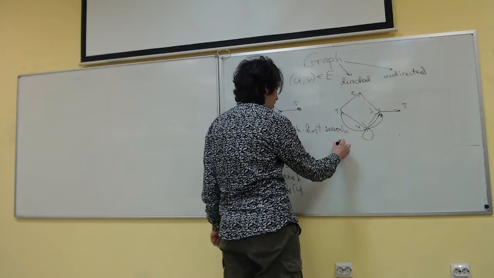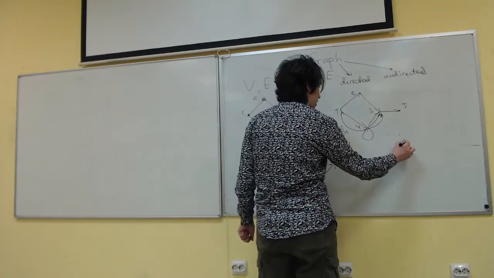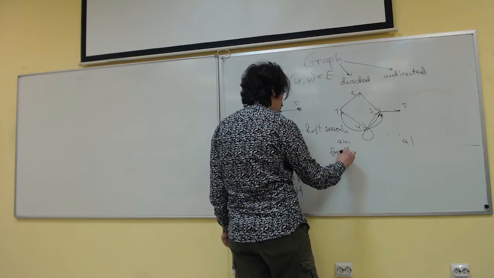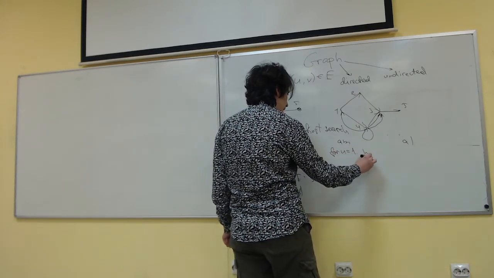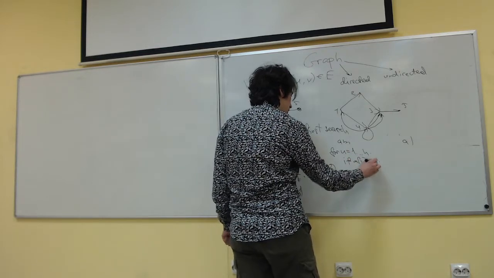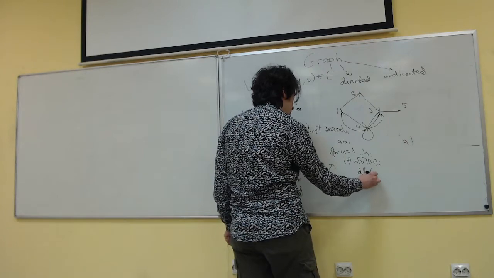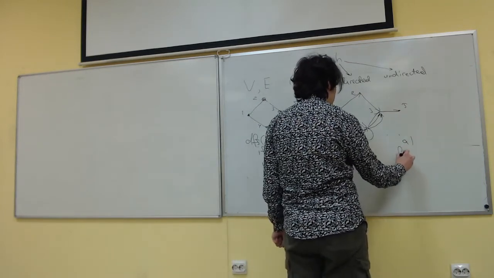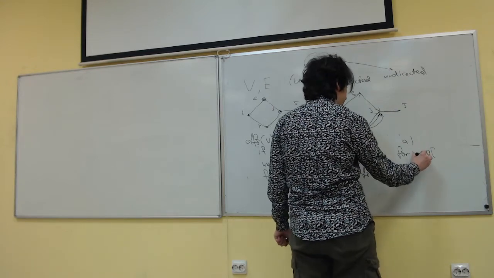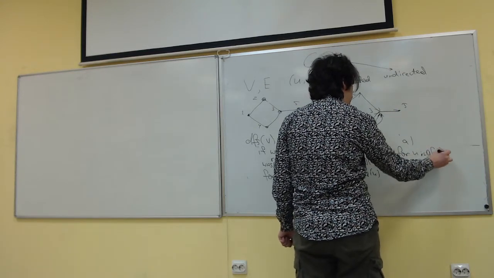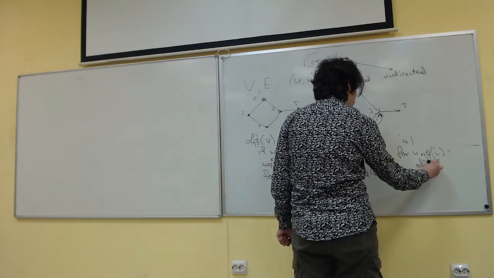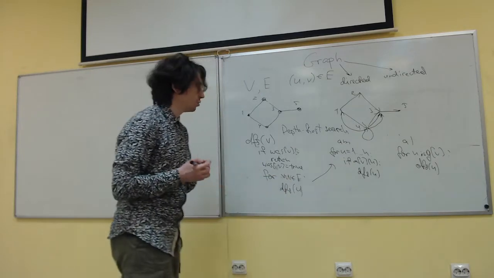So how to implement this in two cases? There is adjacency matrix and adjacency list. In the first case, it will be for U from 1 to n, if A[V][U], then DFS of U. And in the other case, it will be for U iterated through the linked list of the graph, and just say DFS of U. So there are two versions.